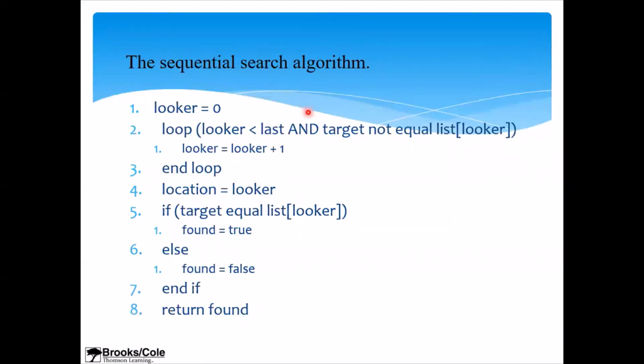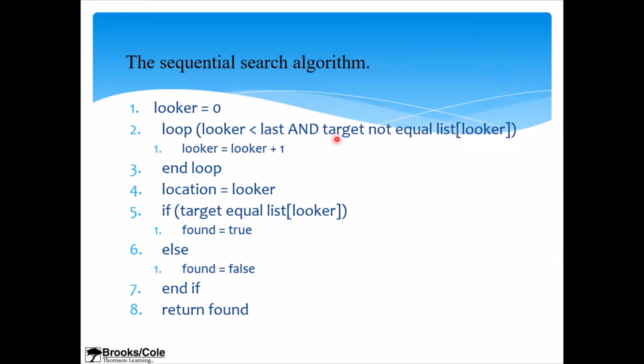This is an example of a sequential search algorithm. Looker is the position. We start at the first position, which is position 0. Then we can create a loop here, either a for loop or a while loop. We test whether the index is less than the last position, and another condition is that the target is not equal to the element within the list.